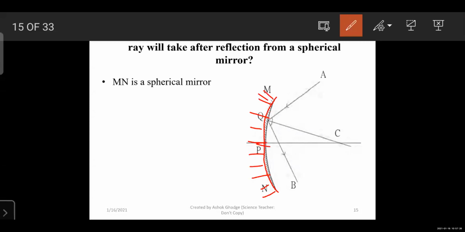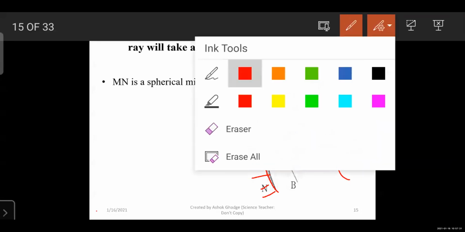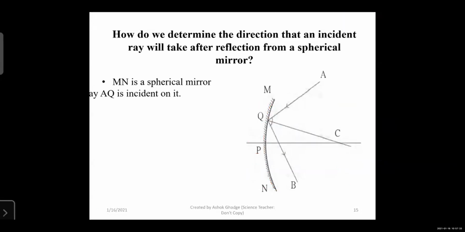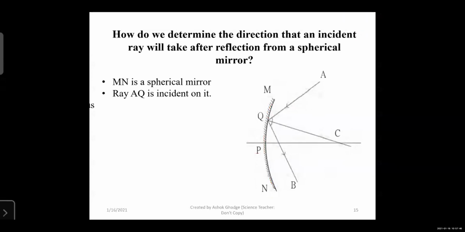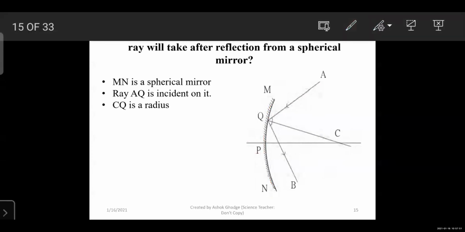The central point is P. The center of curvature is shown here. Now, ray AQ is an incident ray, which is falling on the mirror. CQ is the radius, from the center of curvature to the point on the mirror, which is the radius of curvature.